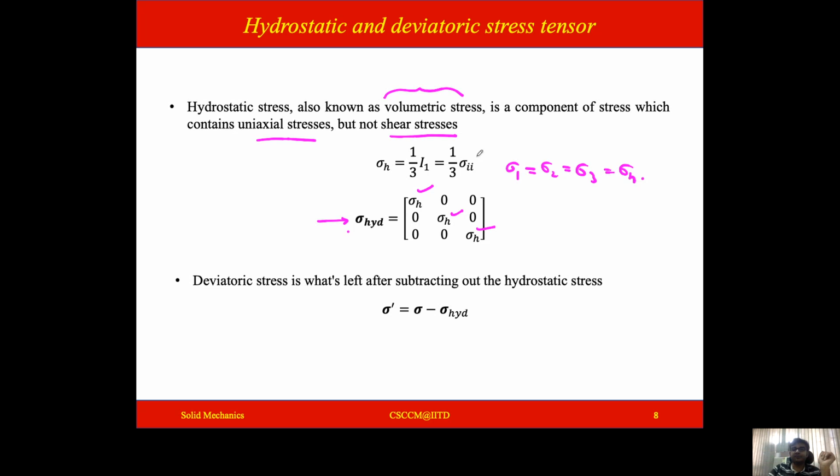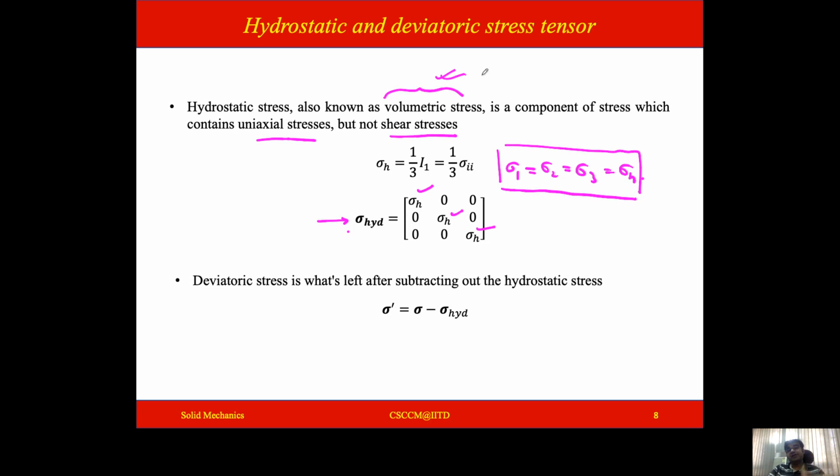And under such circumstances, this is what you will get. Now, hydrostatic state of stress is also responsible for the volume change or volumetric strain, which we will talk about later. And that is why this is also known as the volumetric stress.